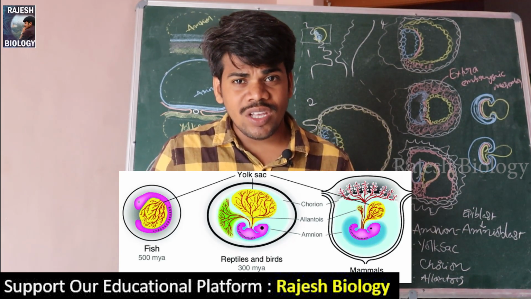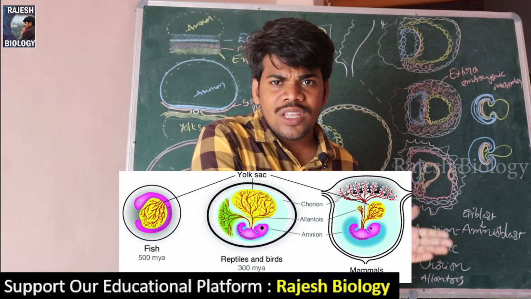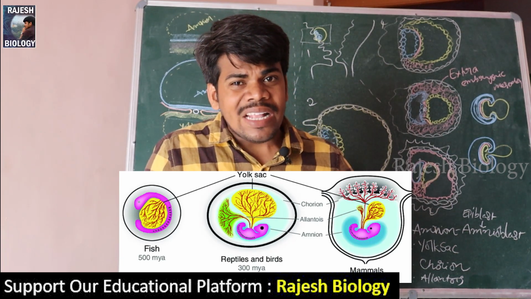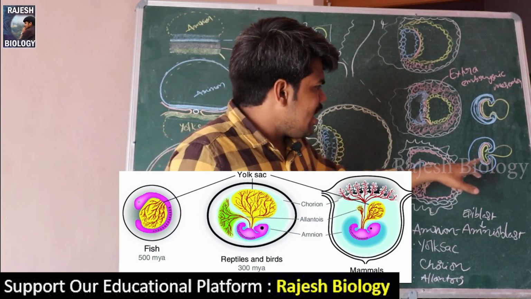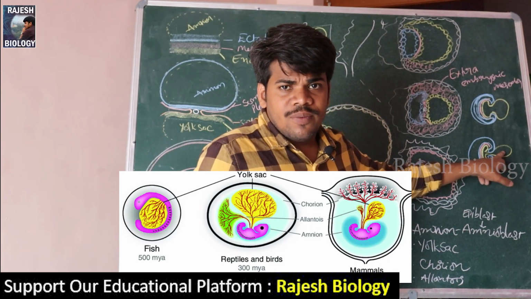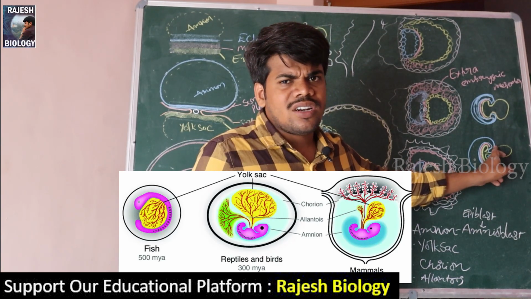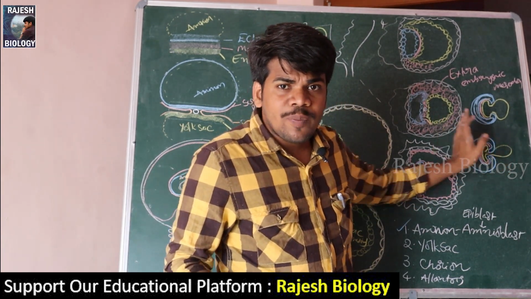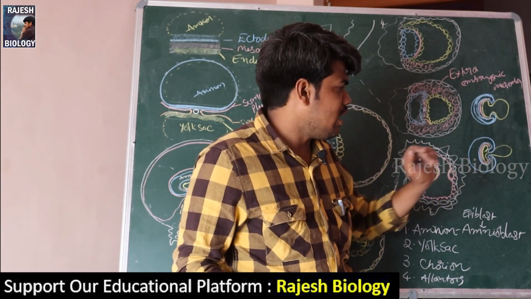That means it stores some nutrients, and from that yolk sac the nutrients enter into the developing embryo. But in placentals, like in our human beings, the yolk sac is not functional. Okay, it is formed, but the nutrients are not stored because the nutrients are supplied through the placenta. So in human beings, the yolk sac is non-functional.